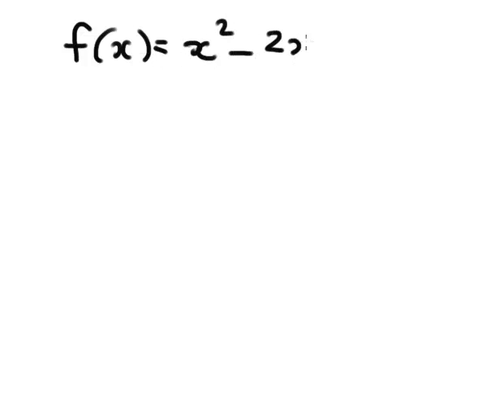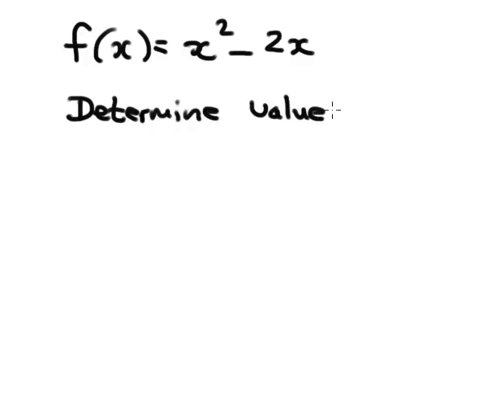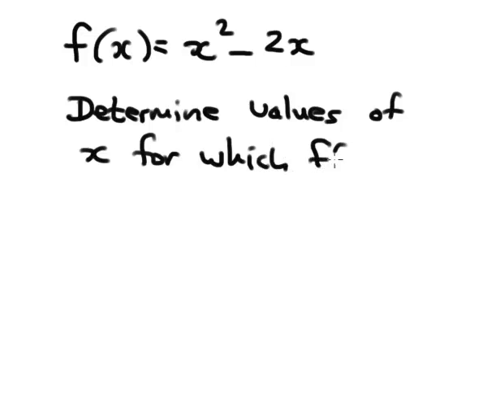Okay, have a look at this. So I said to you, if I gave you f(x) is equal to x squared minus 2x, and I said to you, okay, determine the value, or values if you like, the values of x for which f(x), the y value, is equal to 8.